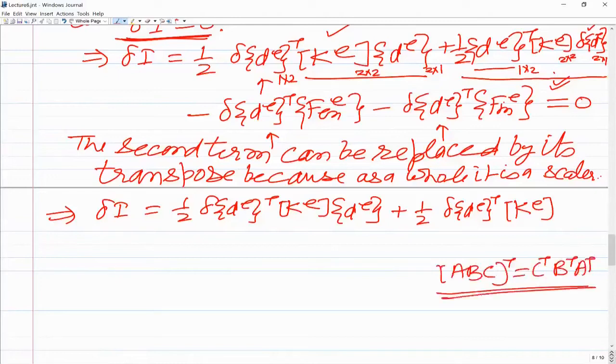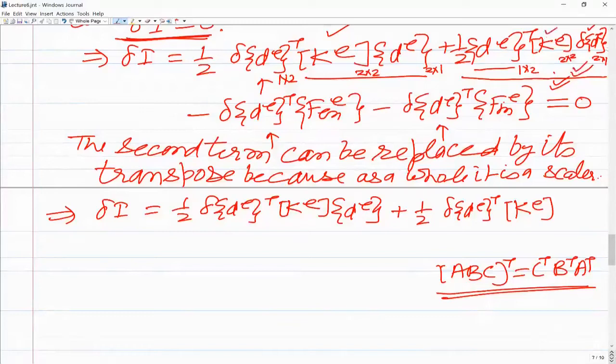So the same thing I'm applying here. I'm replacing this term by its transpose, and because this is the last term, it will come first, and its transpose is delta D transpose.